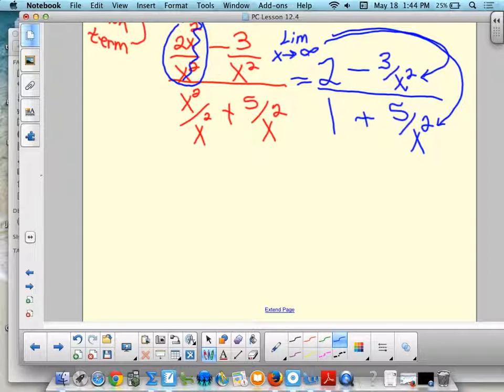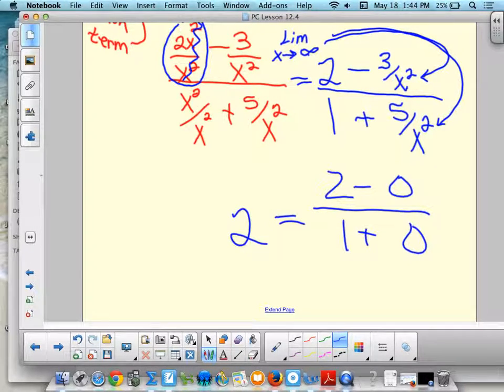So these numbers in the back are just 0, 0. What's the answer? Frankie said 2. Frankie's right. It is 2. Now what did I do? I picked the what power of x? Highest power of x. Where did I look? In the denominator. Don't look in the numerator. Okay, look in the denominator.